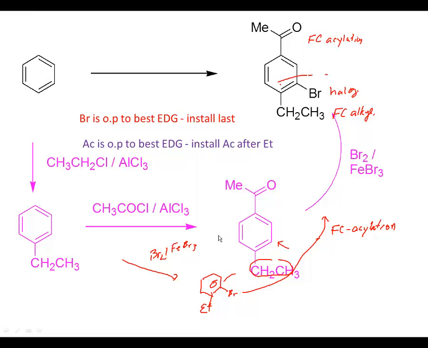Now, let's look at some other hypotheticals. Let's say we acetylate first. So we're going to hypothetically consider adding this first. Okay, that's a meta director. We could add this stuff.